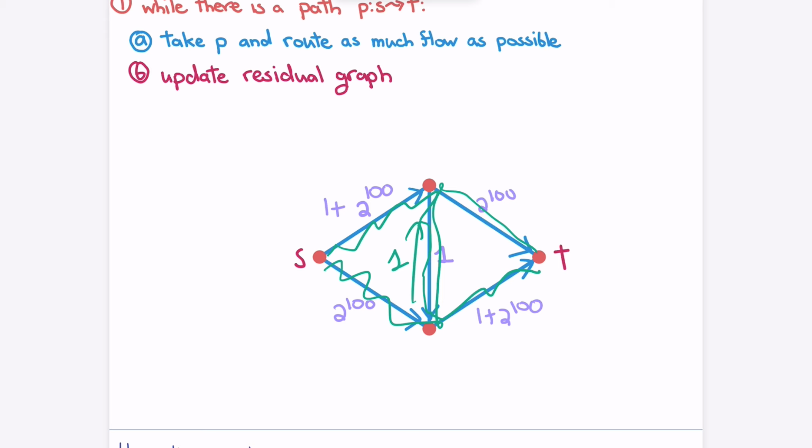Oh, okay. So if I selected this intermediate vertex, that doesn't split the graph into two.